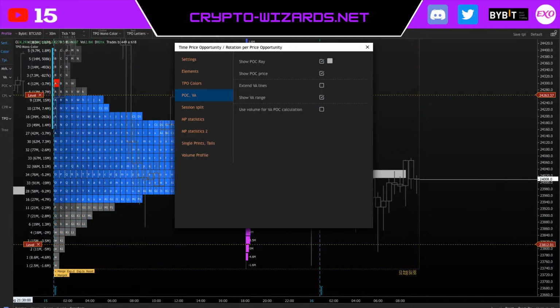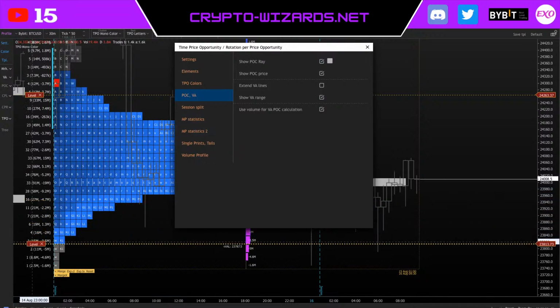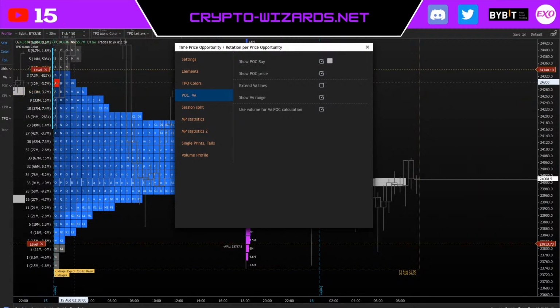Okay, so the time value area low is coming in at 23,940. The volume one is $100 lower. Here it might be worth to actually wait for breaking through the volume one.